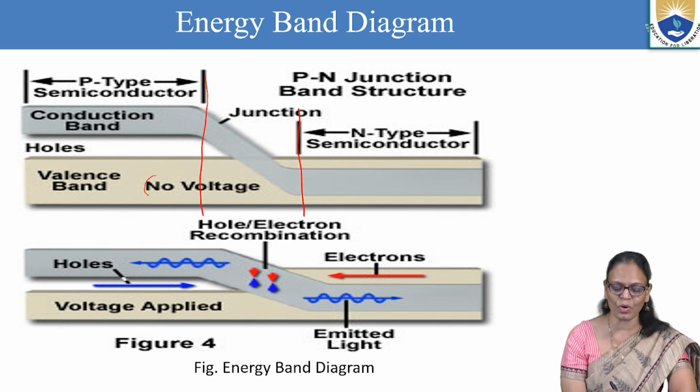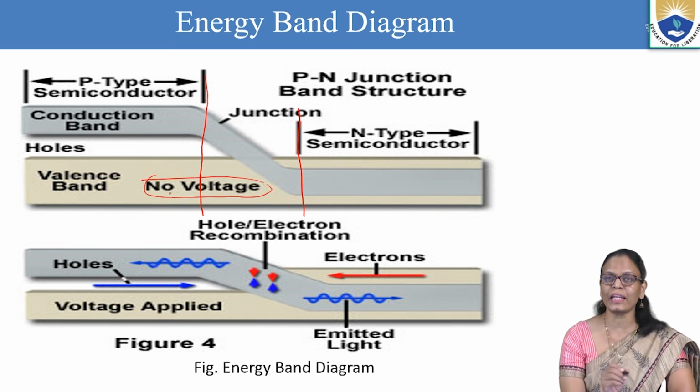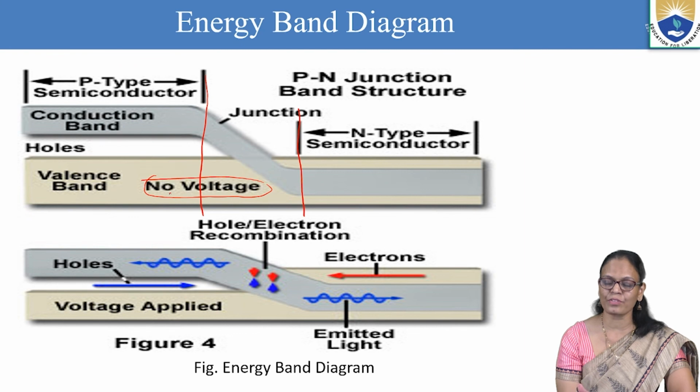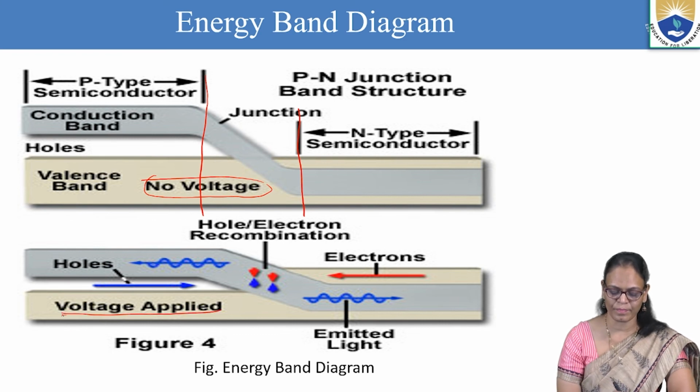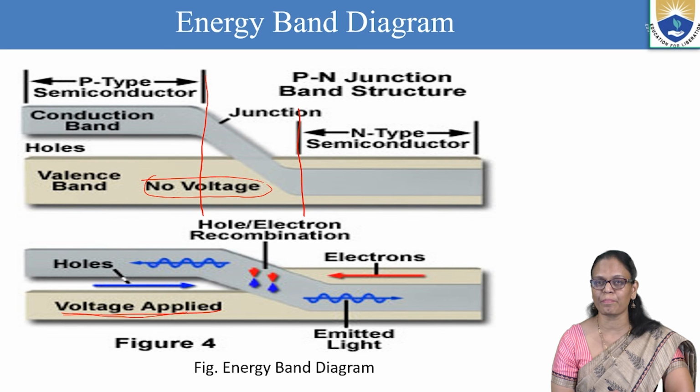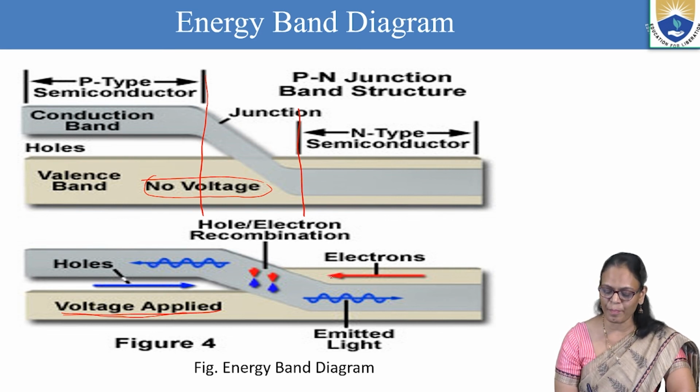So when there is no voltage at equilibrium, the electrons from the n side cannot move on to the p side. But when a voltage is applied, the barrier potential is reduced and there will be movement of electrons from n side on to the p side.